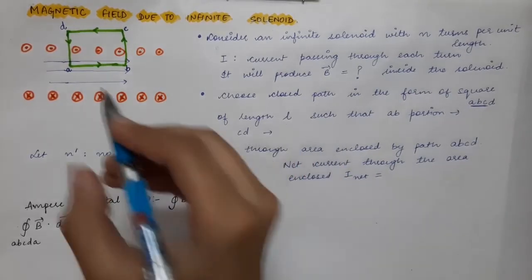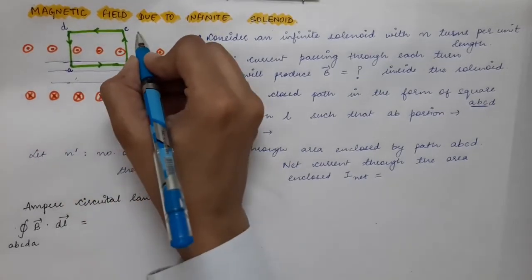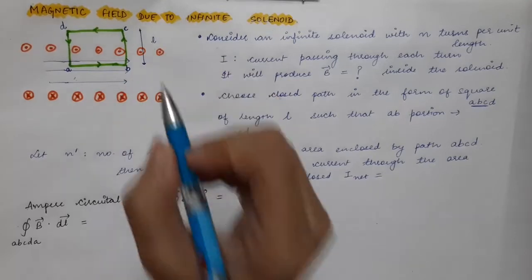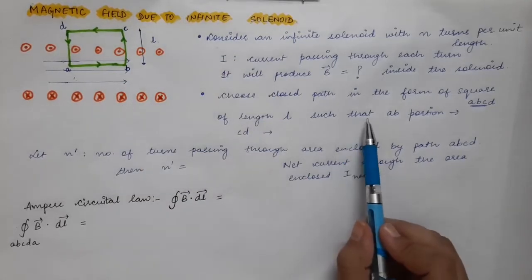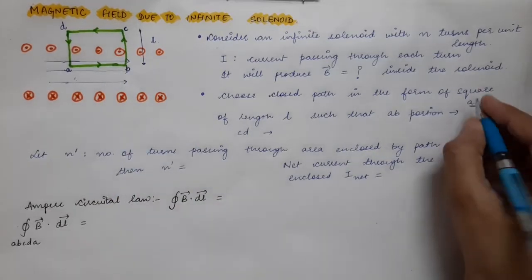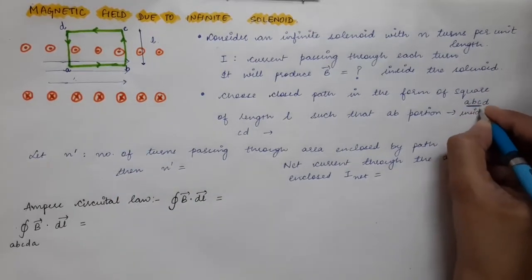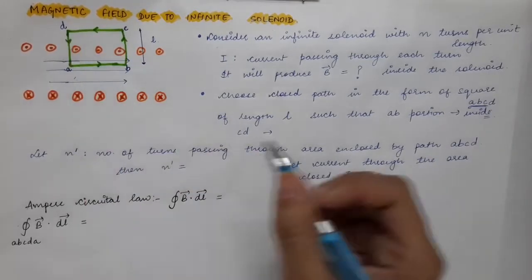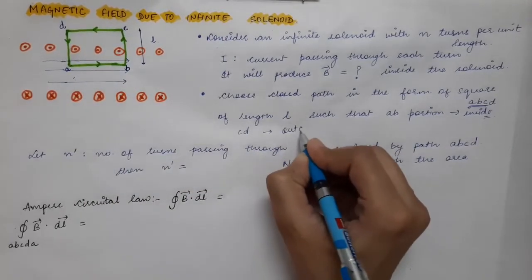So we have considered a closed path A, B, C, D, and the length of each side is equal to L, such that the AB portion lies inside the solenoid and the CD portion lies outside the solenoid.